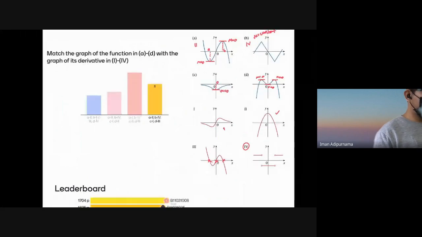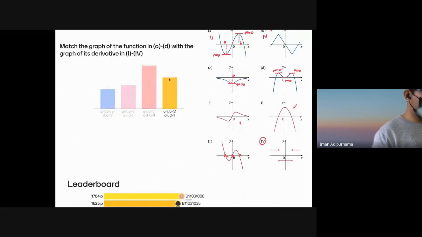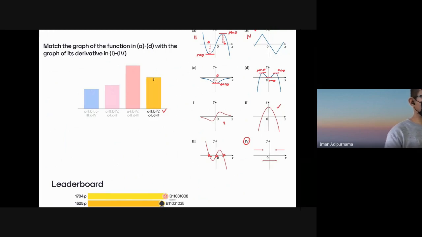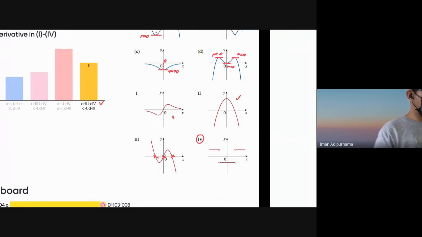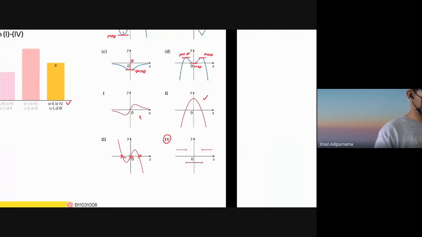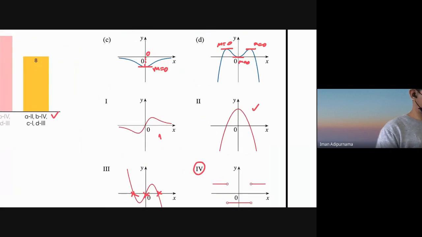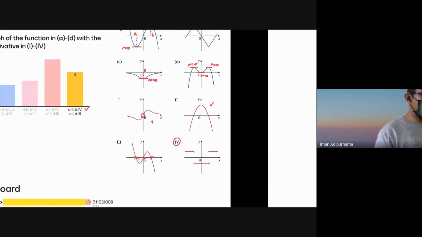By looking at these two answers only, we can say that our answer will be this one. We can also check the others, same thing. This is crossing 0 at the middle here, right? And the other as well.